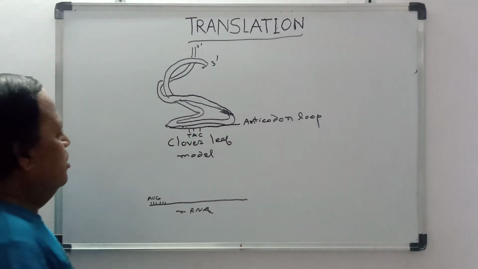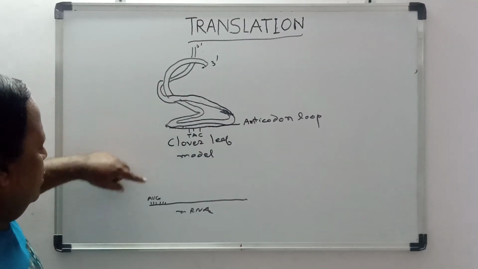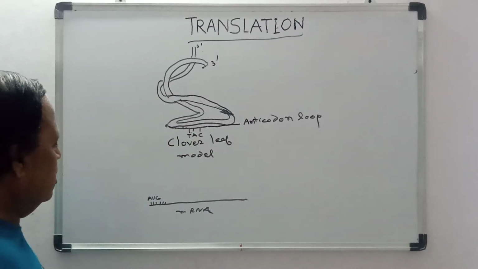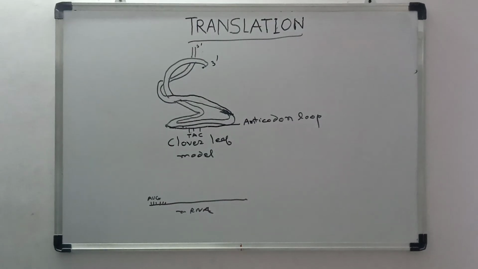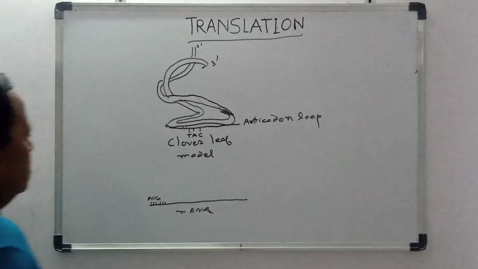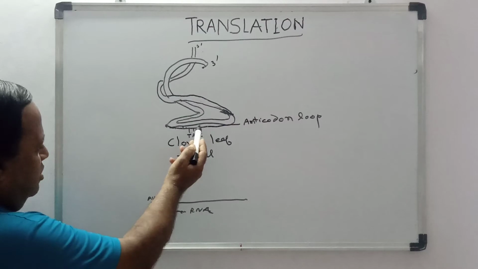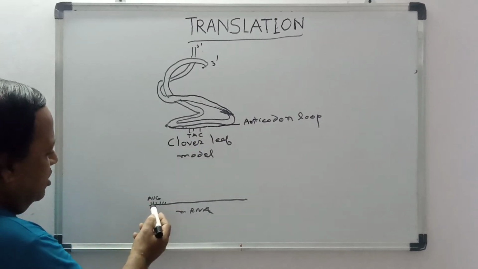Now what is the job of transfer RNA? There are different transfer RNAs for different amino acids. This is the transfer RNA for this particular code. It is an initiator transfer RNA.